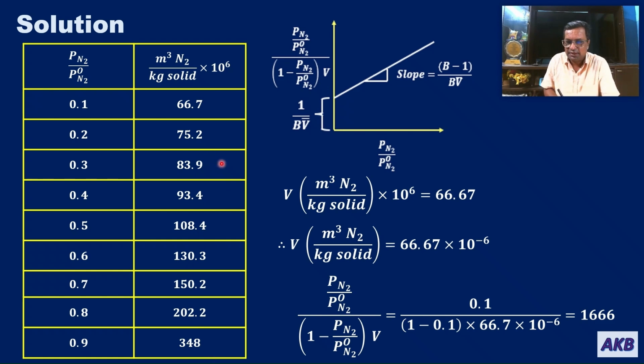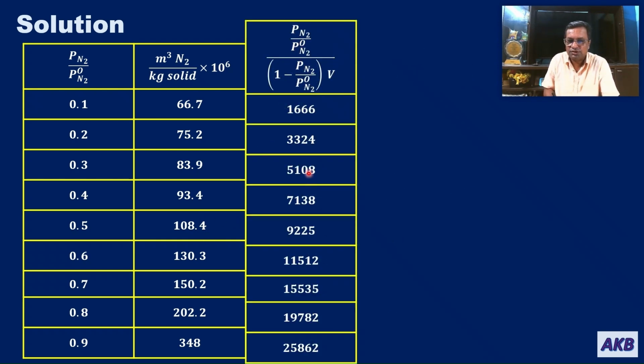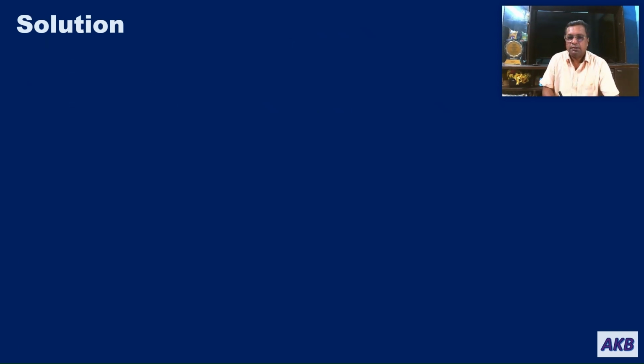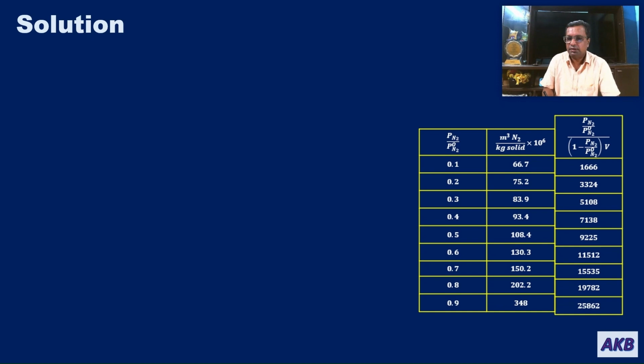And I have got those values. I will be taking those values in my discussion. So I have got values for all the entries, and now I'm going to plot these values. Okay, so let us plot the graph.